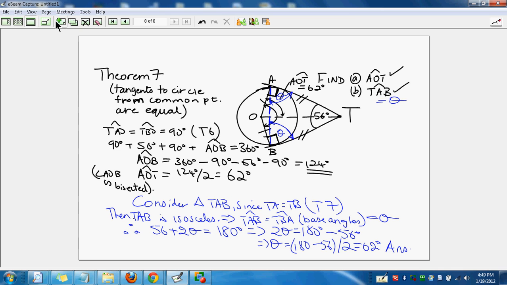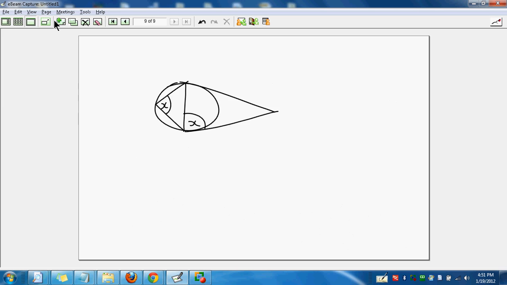You're looking at theorem 8. And theorem 8 says that the angle between a tangent to a circle and a chord at the point of contact is equal to the angle in the alternate segment.